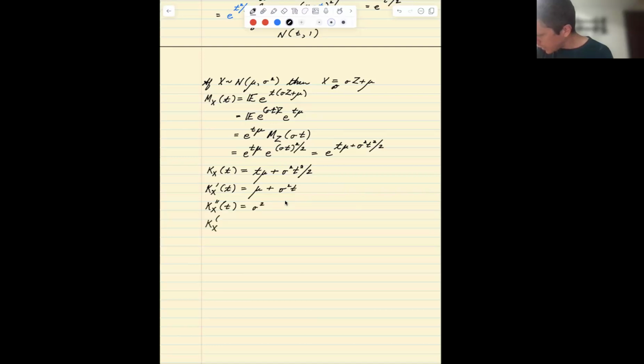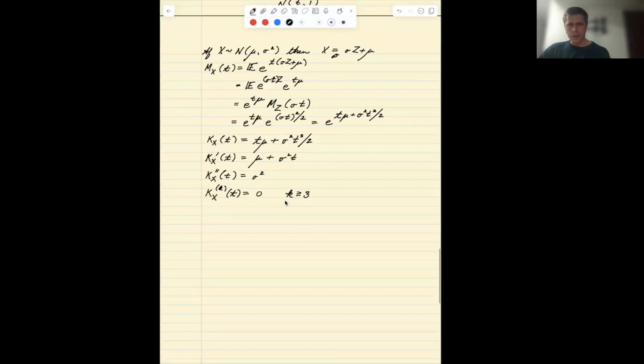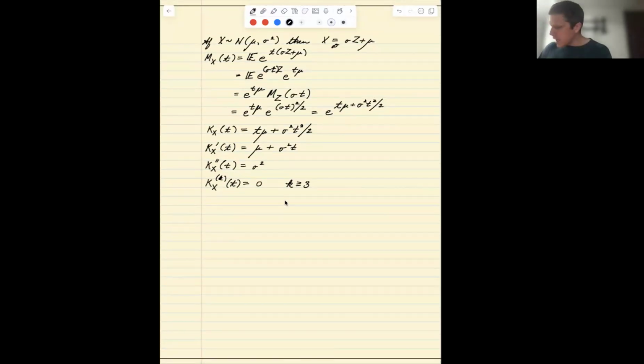And what's interesting about this is that all higher order derivatives, order greater than or equal to 3, are all 0. So all of the higher order cumulants of the normal distribution are 0. And we see that the moments come out very easily here. If we evaluate the first derivative at 0, we easily get mu. The second derivative at 0 is just the constant sigma squared.